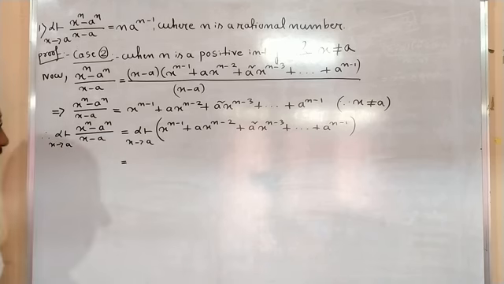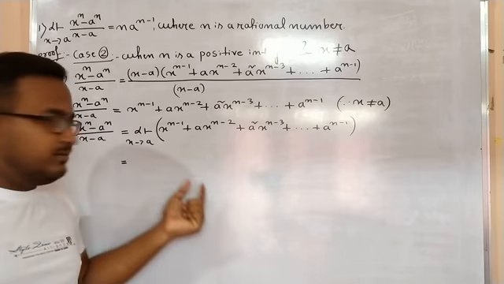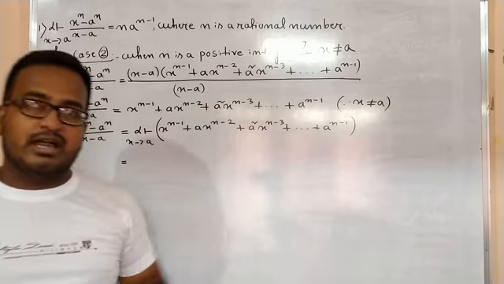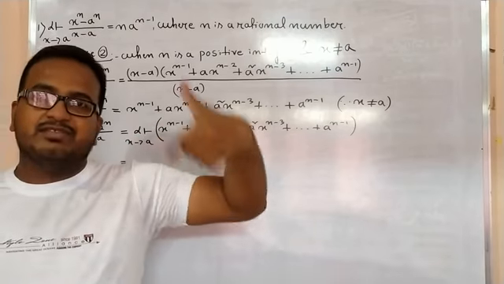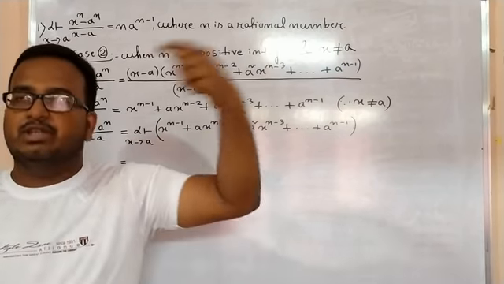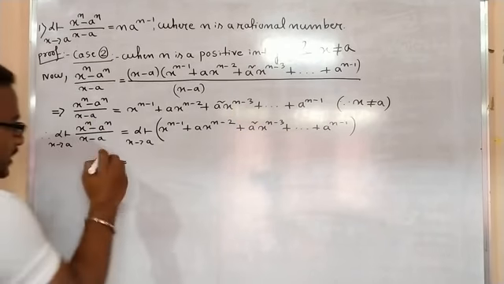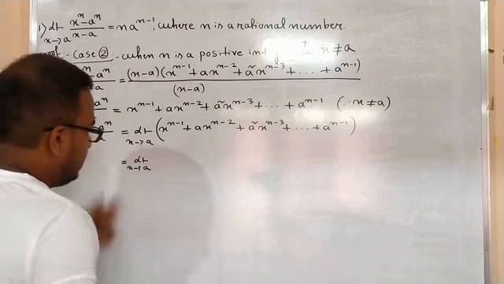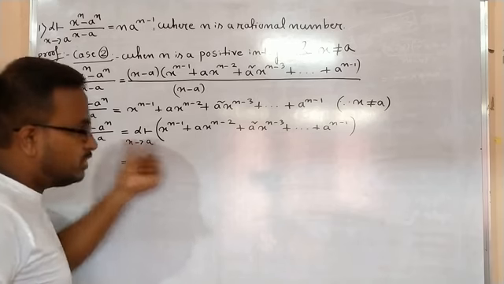Now use the concept of limit. I have already learned, isn't it? Because we have already learned that limit of fx plus gx equals limit of fx plus limit of gx, isn't it? So now apply this. Limit is distributive over addition.